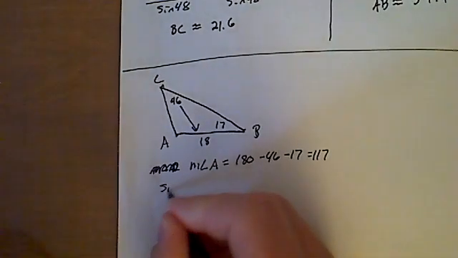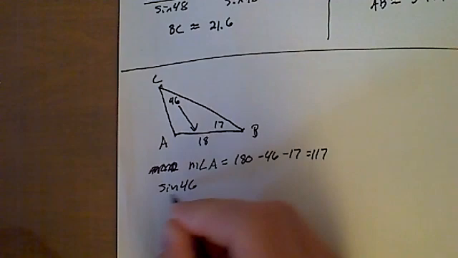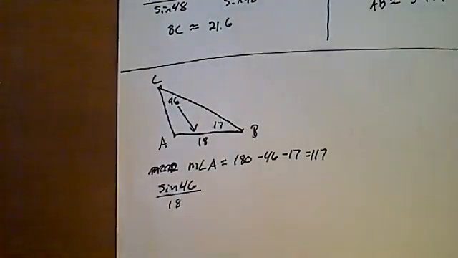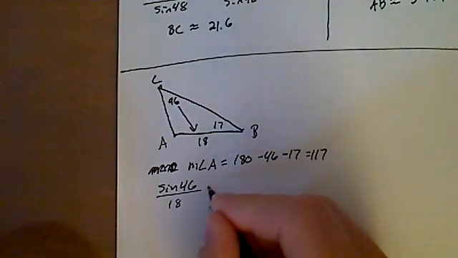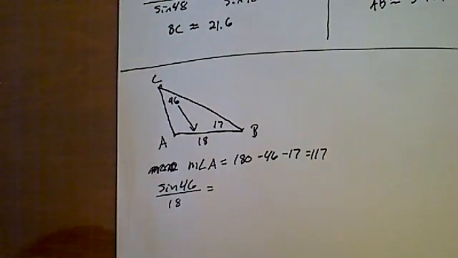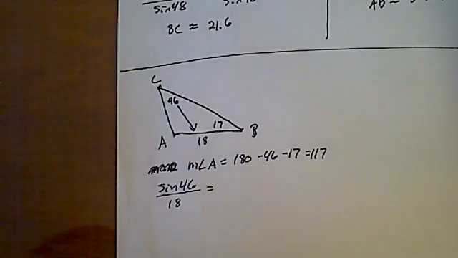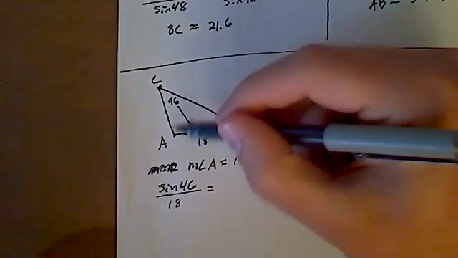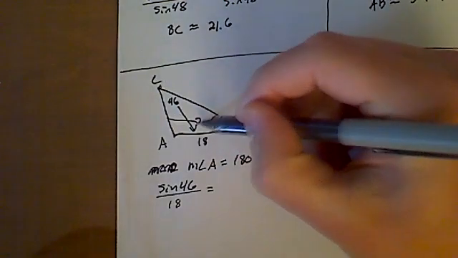So I'm going to start with the sine of 46 over the side opposite, which is 18, equals, and I forget which one I said we were going to solve for. So let's solve for AC first. Which angle is opposite AC? Well, the side AC, the angle opposite is 17.